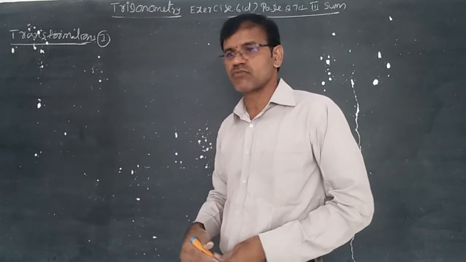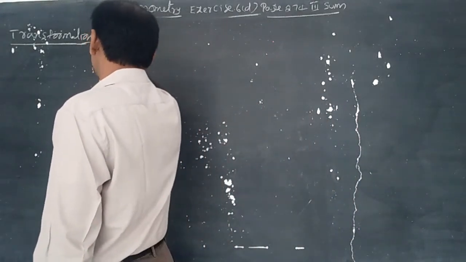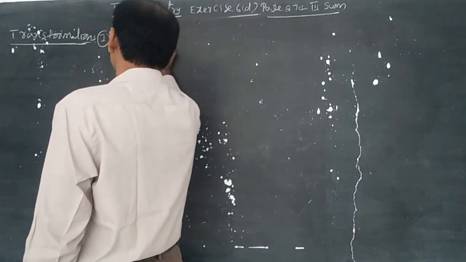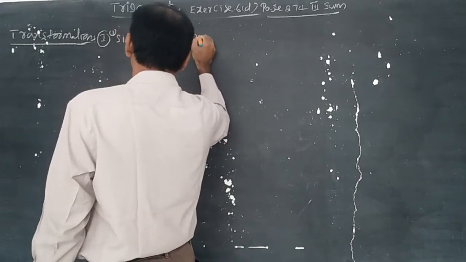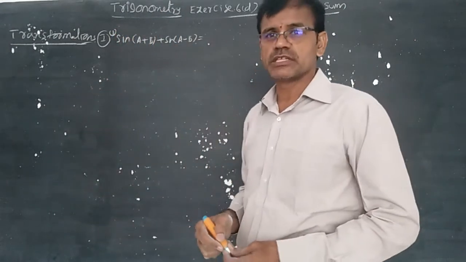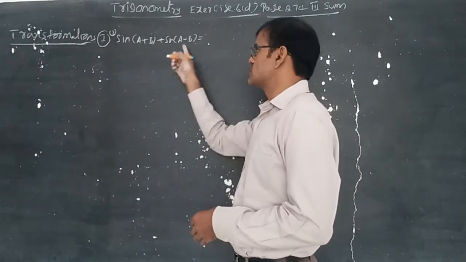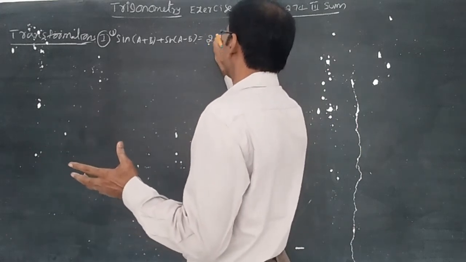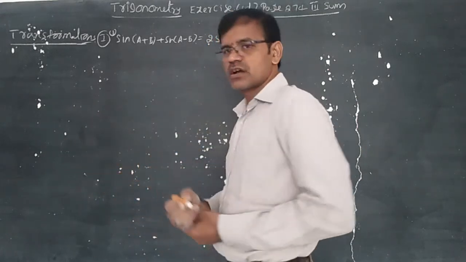Simply, now I am writing the formulas. First formula: sin of a plus b plus sin of a minus b. We know the formula: sin a cos b plus cos a sin b, plus sin a cos b minus cos a sin b. If we add all the formulae, you get the result 2 sin a cos b.